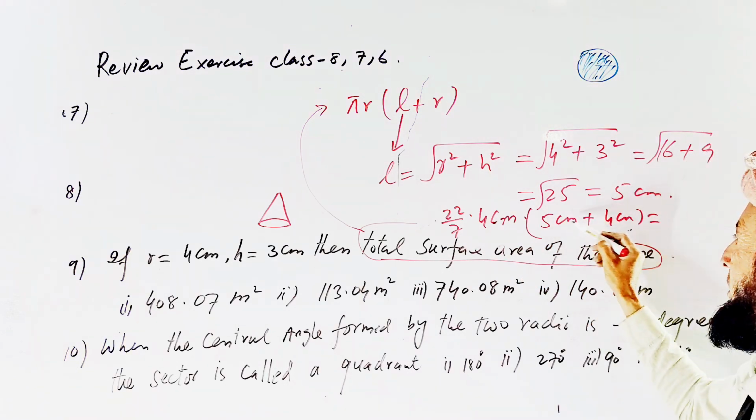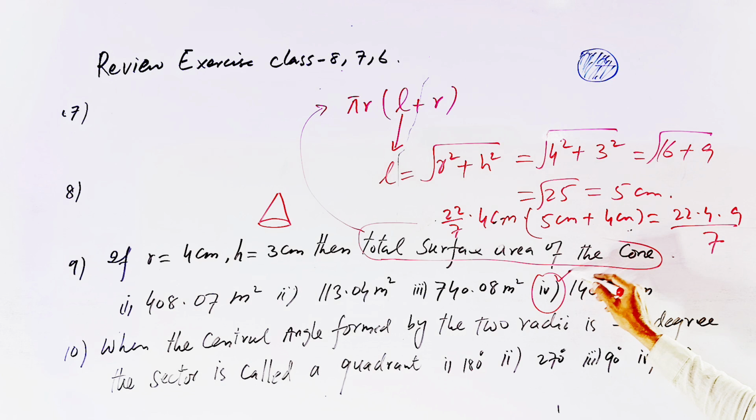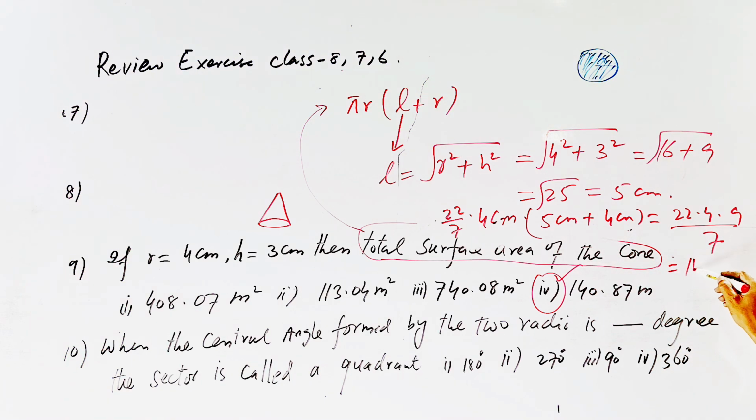If we add this, we get 9, so 22 into 4 into 9 divided by 7. If we calculate this result, we multiply and get 113.14 centimeter square is the correct option.